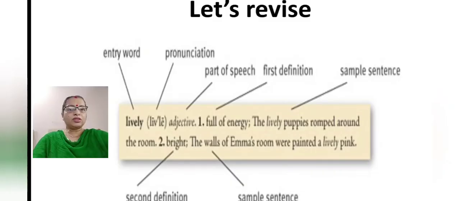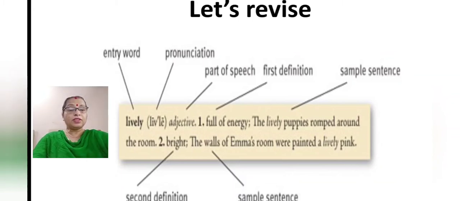Let's revise, children. We have another word for you: lively. So lively, that's the entry word, the head word. Then next to the word, we have pronunciation. Here, lively: you can see L-I-V, after that there is a stress symbol.